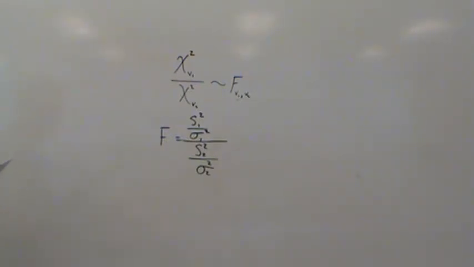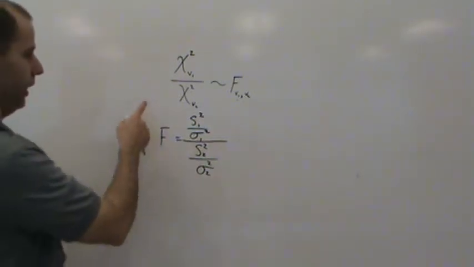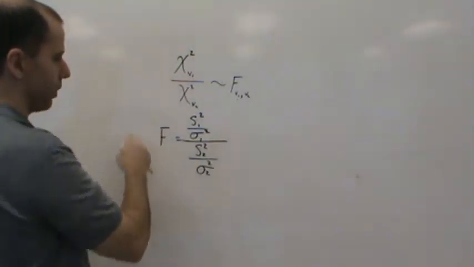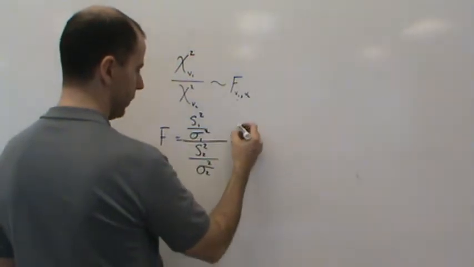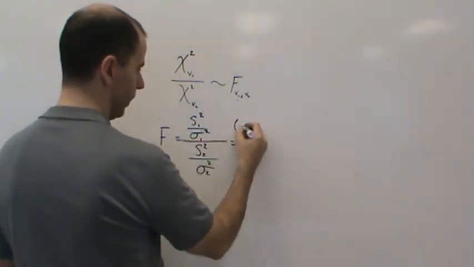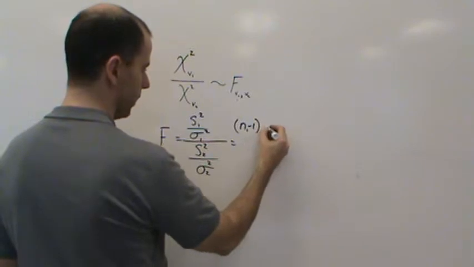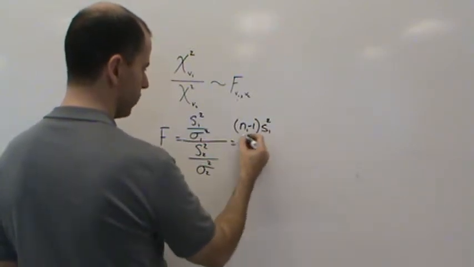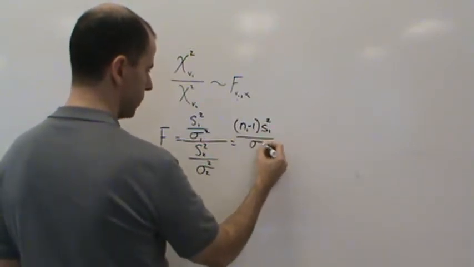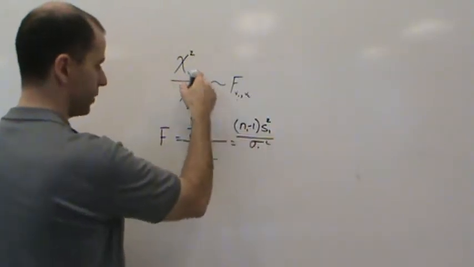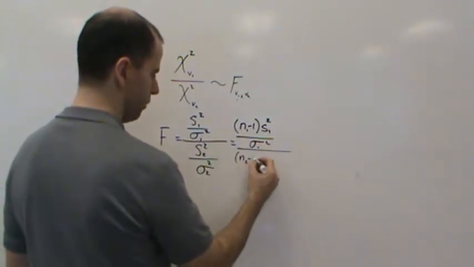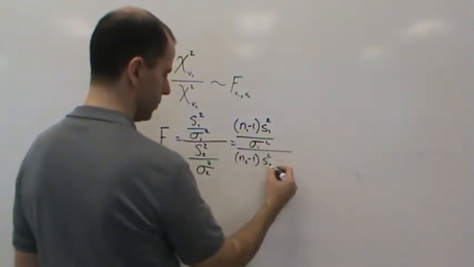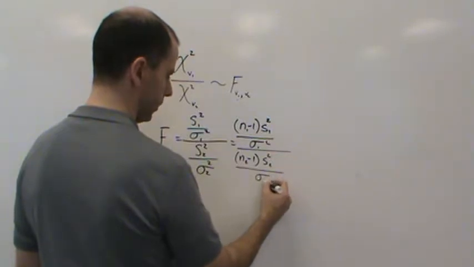The F has a distribution that's similar to chi-squared, but there are two degrees of freedom, because again we're taking two chi-squared random variables. We could expand this and write it this way: N1 minus 1 times S1 squared divided by sigma 1 squared, which is where the chi-squared random variables come from, divided by N2 minus 1 times S2 squared over sigma 2 squared.